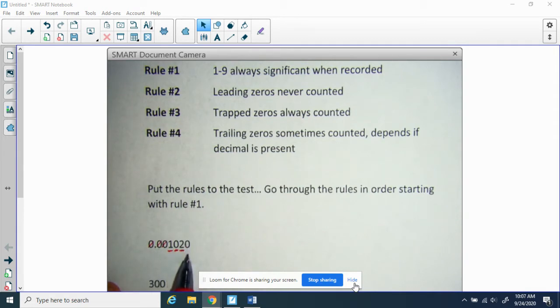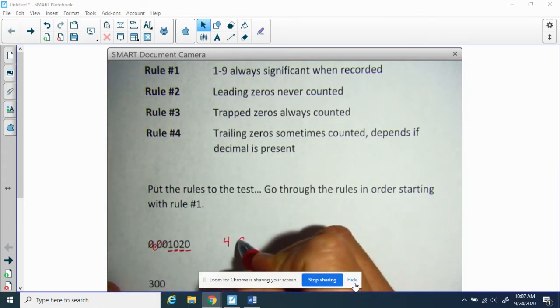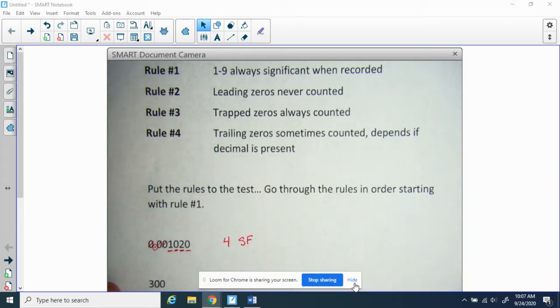That's at the end of a number. That's what we're going to call the trailing zeros. With a trailing 0, they are sometimes counted. It depends if there's a decimal present. So if I look through this number left to right, I do have a decimal present here. That's going to make that 0 count. So the way this number was written, it's going to have 4 significant figures.